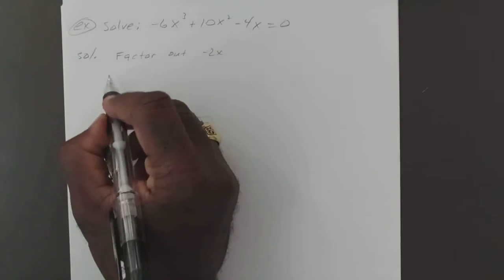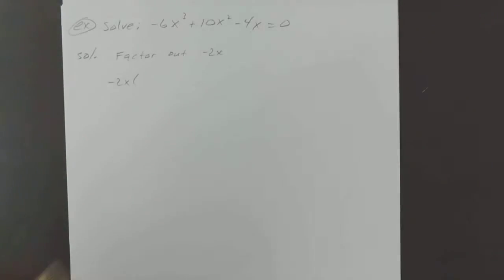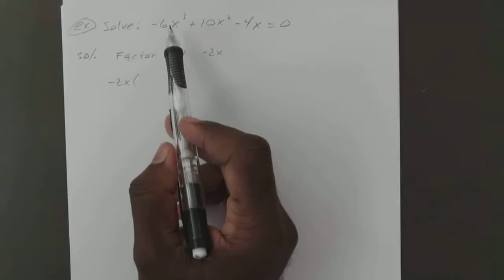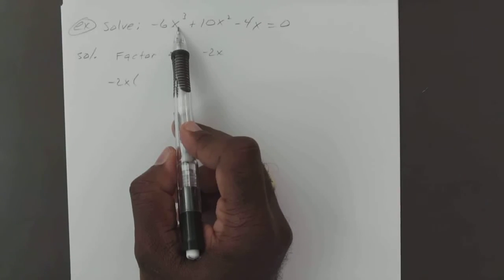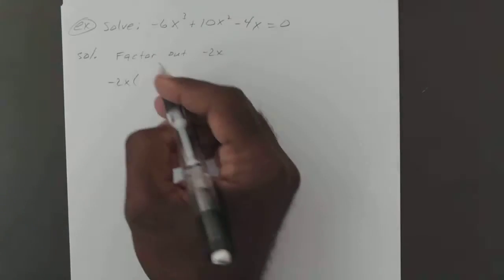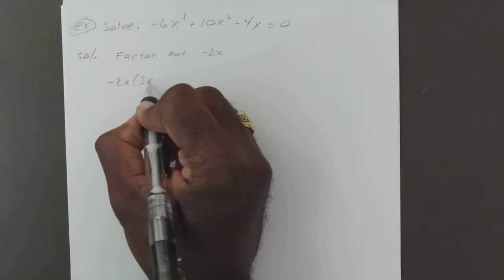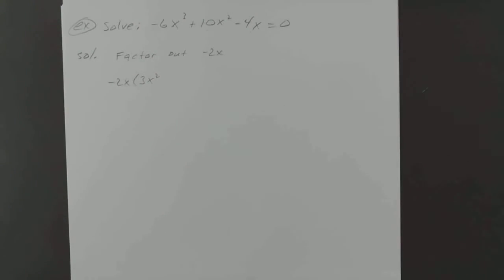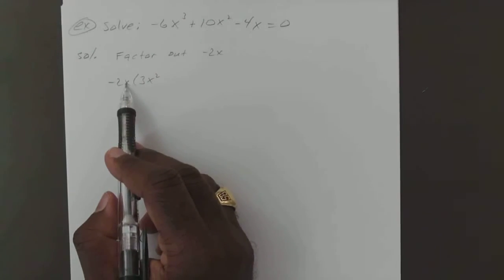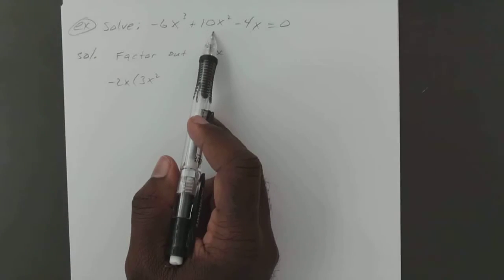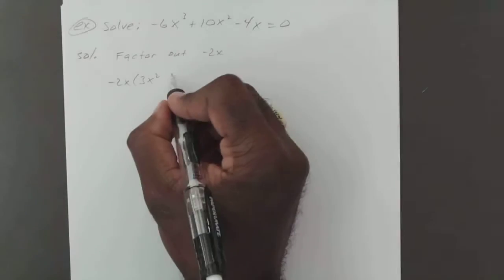Okay, so if we factor out our negative 2x, times 3x squared will give us negative 6x to the third. Okay, so negative 2x times negative 5x would give us positive 10x squared.